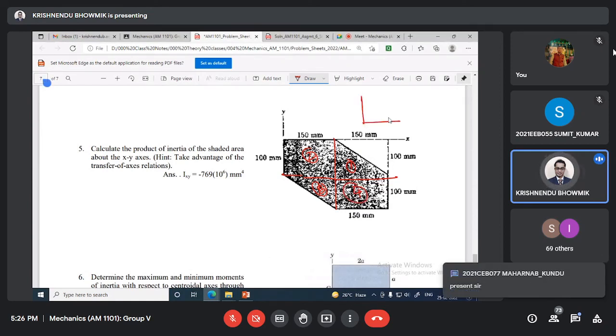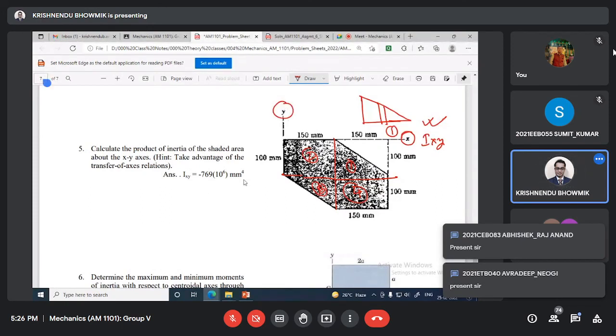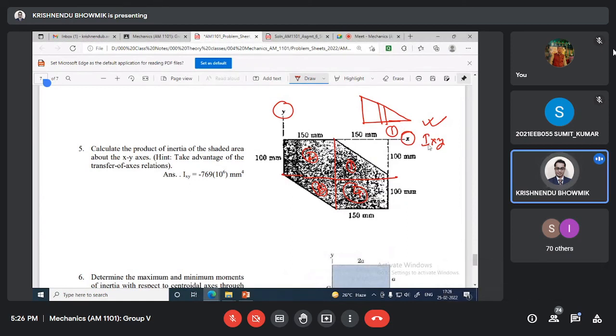Now, take this part, part 1, and you can find the value of Ixy with respect to the x-axis and y-axis for each individual one. With respect to its own CG, Ixy is 0. This Ixy you can calculate from this. You have to do this yourself. Similarly for this one, you will get these results.